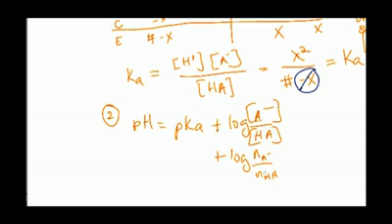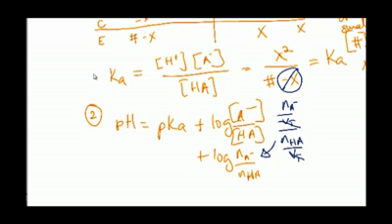It doesn't have to be volumes, because the volumes would cancel out, right? If you remember, molarity is moles of A minus over total volume, and then moles of HA over total volume. And when you flip and multiply, these total volumes cancel.